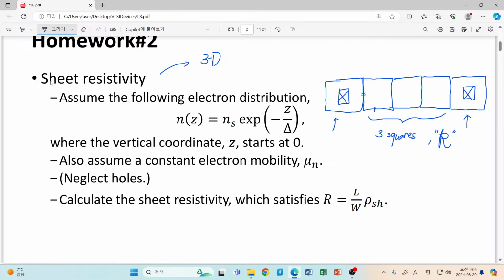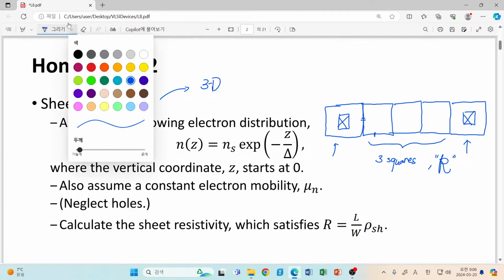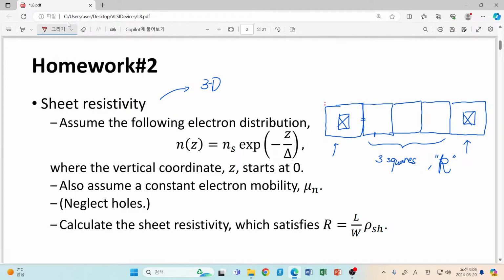But instead of that, now let's assume you have just widened this system. Instead of this single line, you just double the structure. So these red colored boxes are newly added, but still you have a metal contact here and here. Then what will happen? Now you have 6 squares.